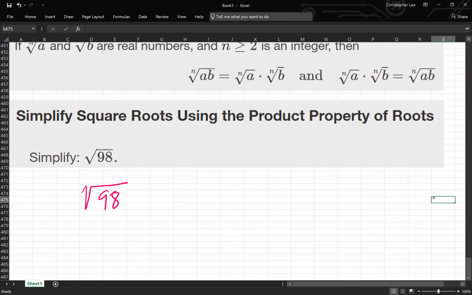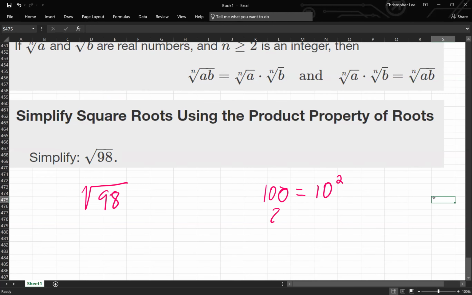I know that for the perfect squares, I have 100, which is equal to 10 squared. I want to get a perfect square that divides into 98. So I know 100 can't be it. So 10 squared is out.